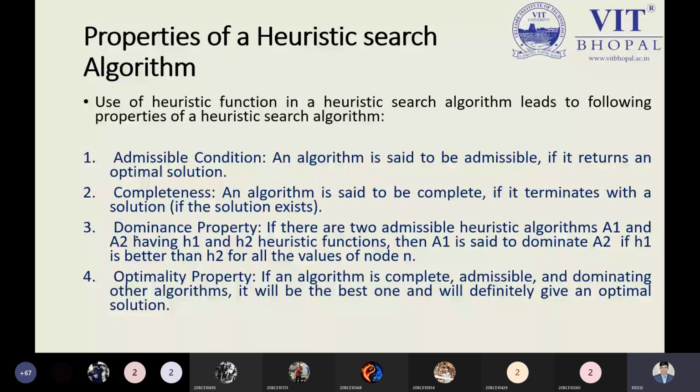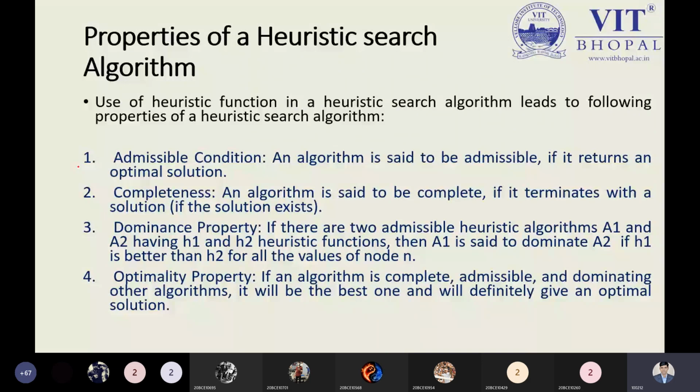Now, what are the properties? I was teaching two days back, if a student asked me the question, in heuristic search algorithms, what are the various properties? These are very, very important properties at the time of an interview. Anyone can ask you. So the first one is the admissible condition. You can read and tell me in your own way what is meant by all these properties.